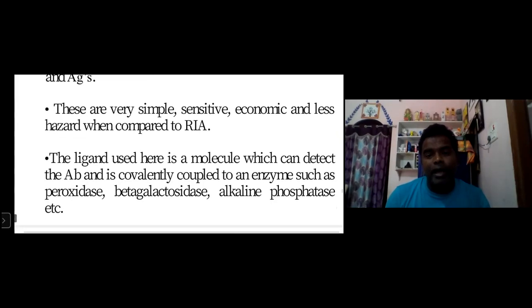Here ligands are used. A molecule which can detect the antibody is covalently coupled with an enzyme such as peroxidase, beta galactosidase, or alkaline phosphatase. Different enzymes we are using. Simply, we are taking enzyme coated antibodies.